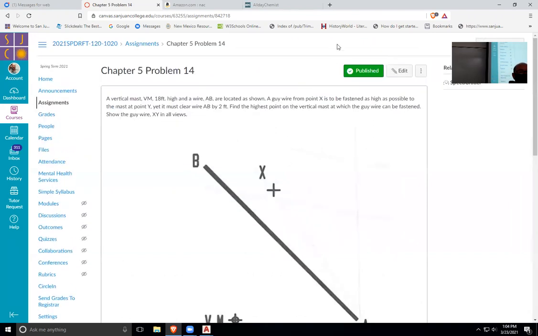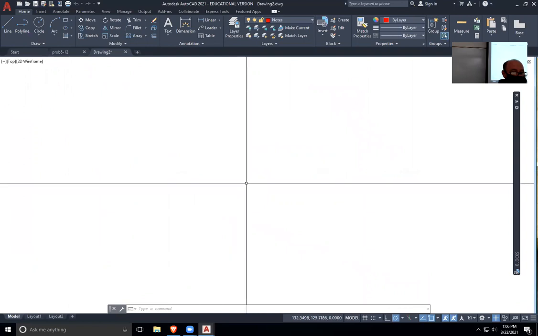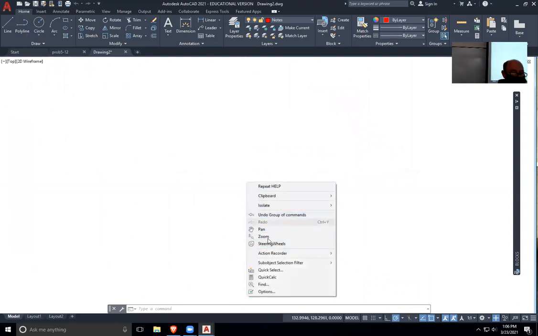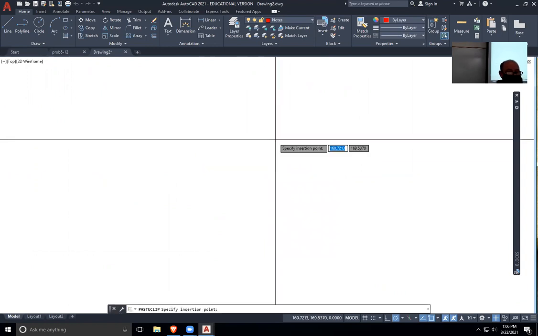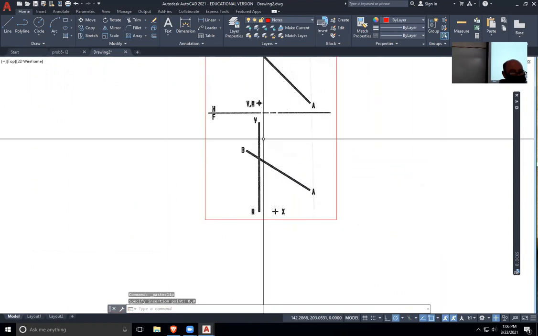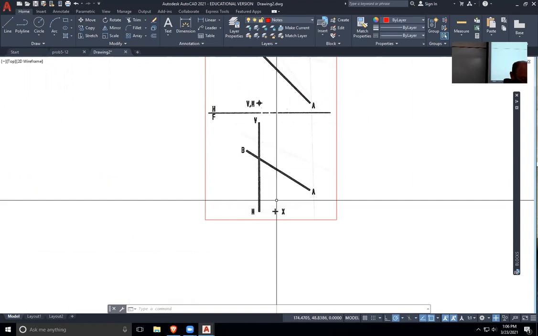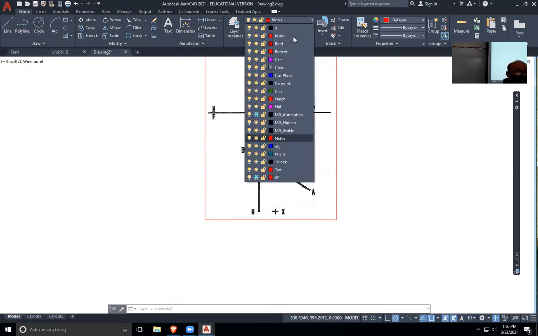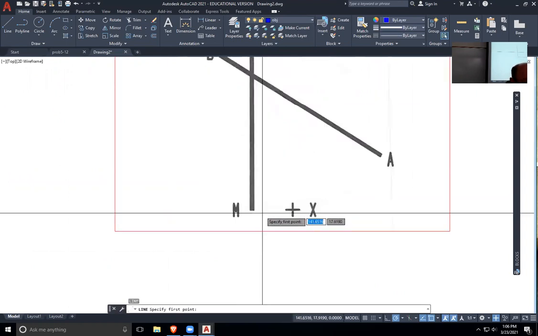Okay, and then we draw it in all the views. So let's take a look at what you got. Let's copy the image and paste it. I don't know where the paste is, so Control D and put it at 0, 0. And I want to scale VM to 18 feet, so I'll go ahead and draw the line to 18 feet.